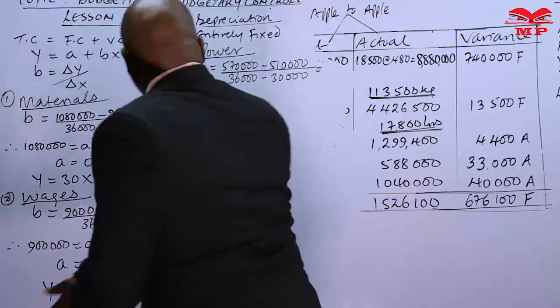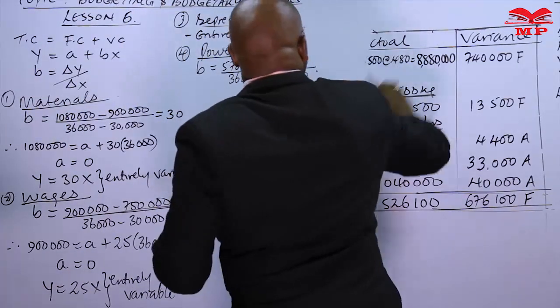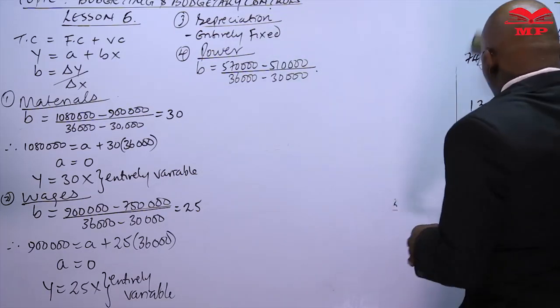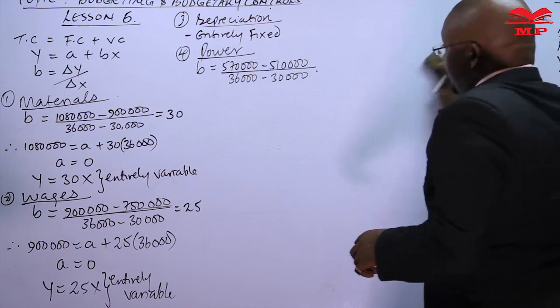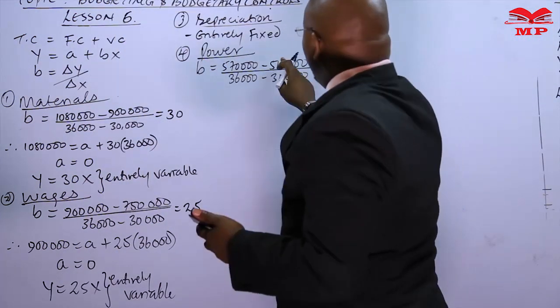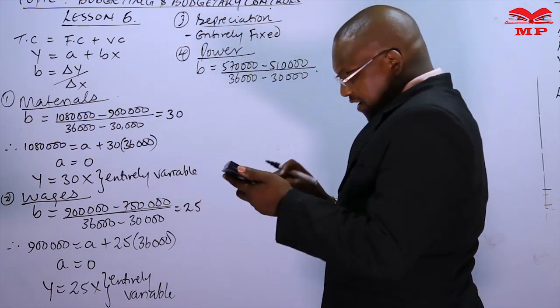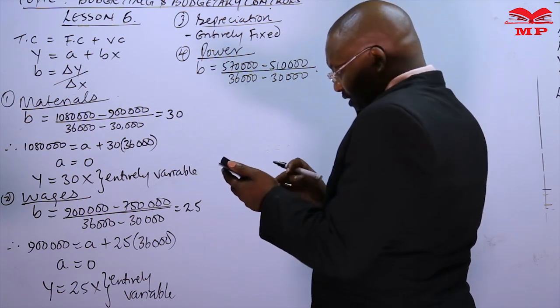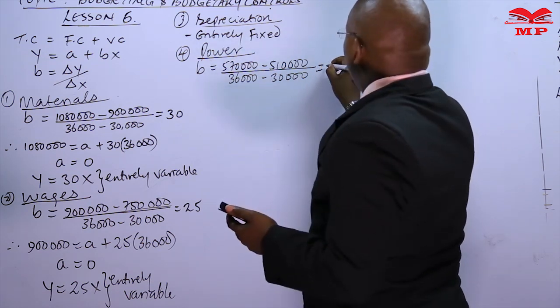This determines the rate of change, which is the variable element. The numerator is 570 minus 510, which is 60,000. You divide by 6,000, and this gives us 10.